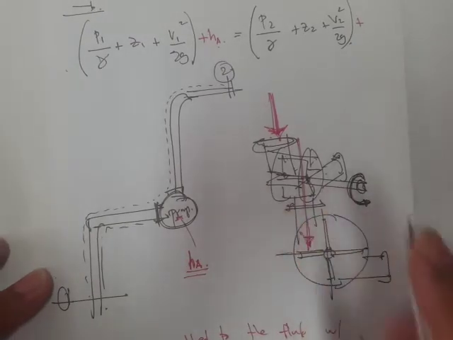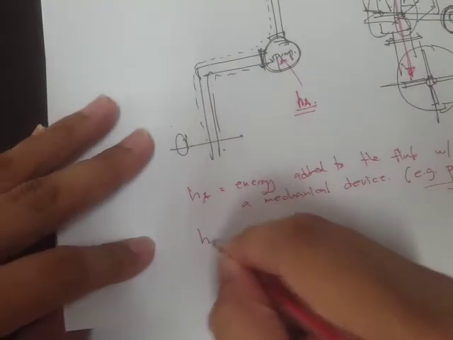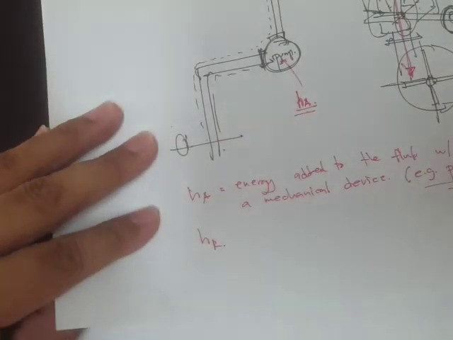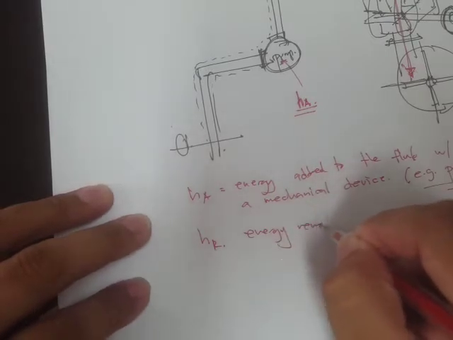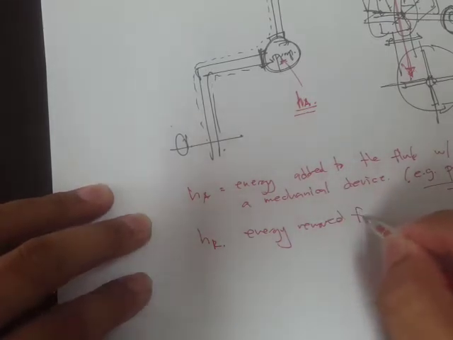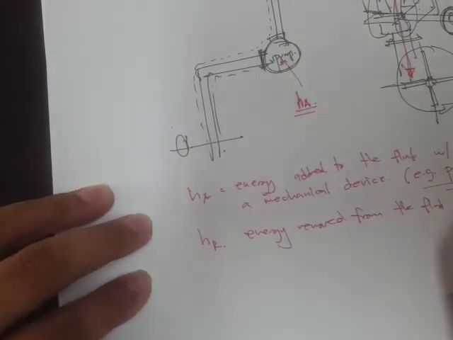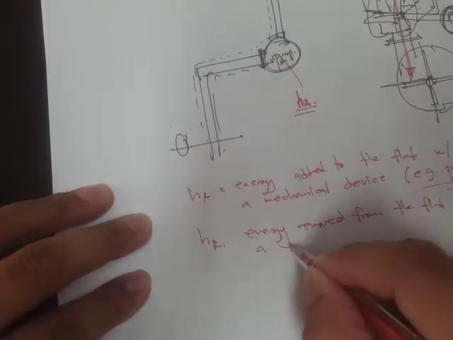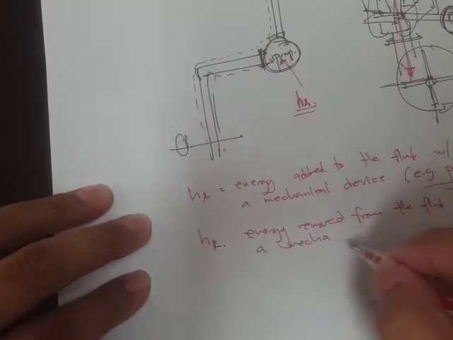Okay, so this one would be H sub R. H sub R is the energy removed from the fluid by a mechanical device.